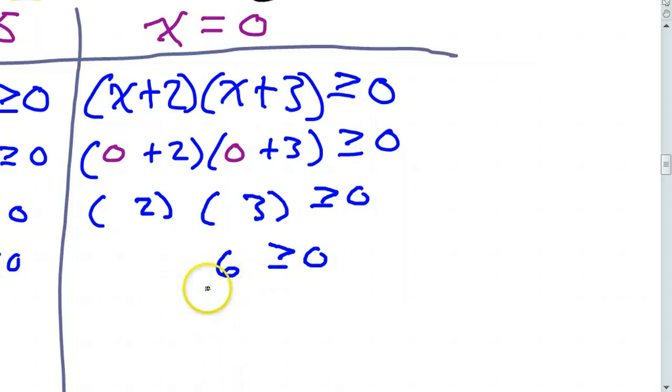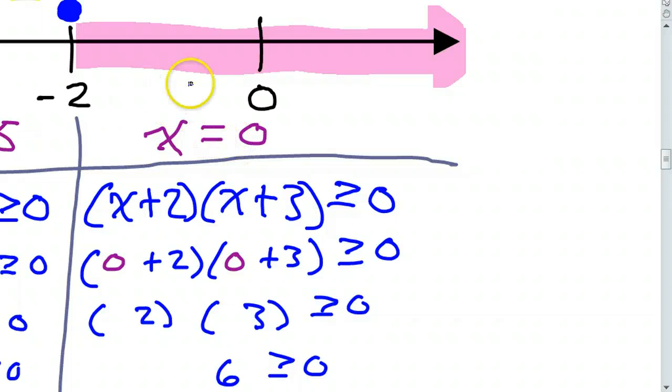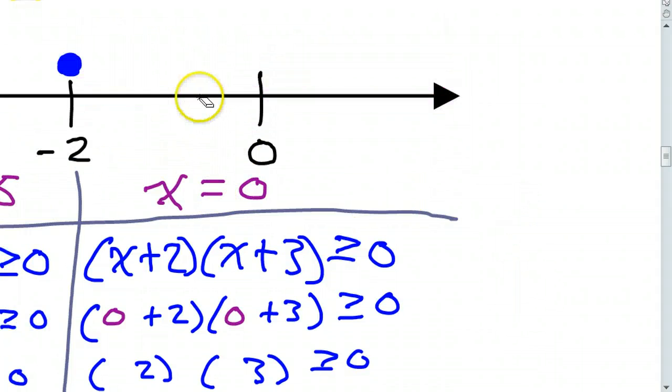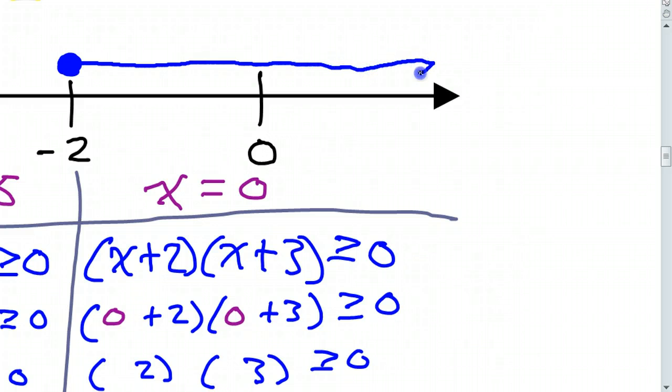We ask ourselves, is 6 greater than or equal to 0? Well, of course it is. That means x equals 0 is a solution to the inequality, so all of the values in this zone are solutions. We show that everything to the right of negative 2 is a solution by drawing an arrow to the right of negative 2.